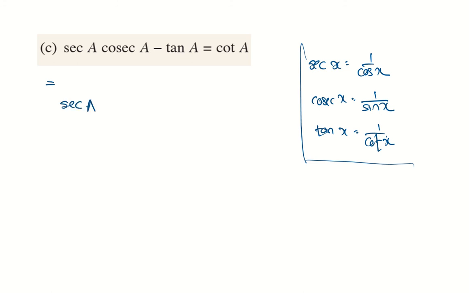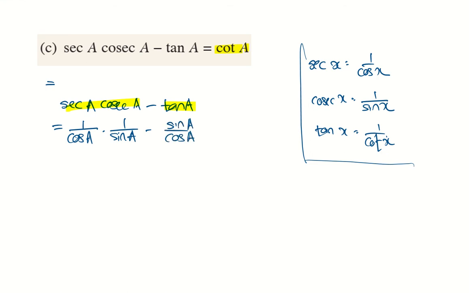Secant a cosecant a minus tangent a. Now notice that we have two terms and the answer should have only one term. Secant a is 1 over cos a, 1 over sine a. Tangent is sine a over cos a.